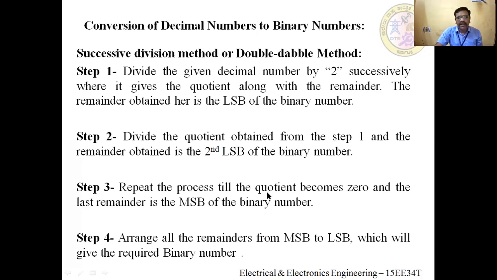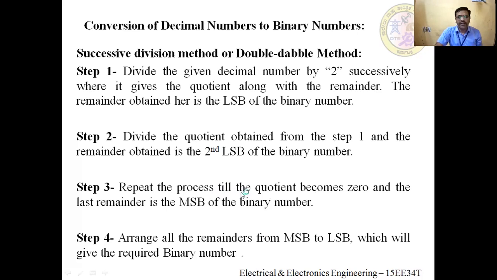Okay, so you have to repeat the same process until the quotient becomes 0 or further division is not possible. You have to consider the last remainder because further division is not possible. Same thing I have written here.